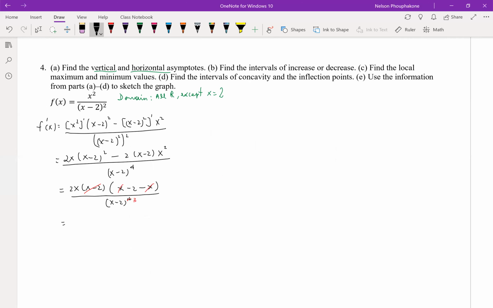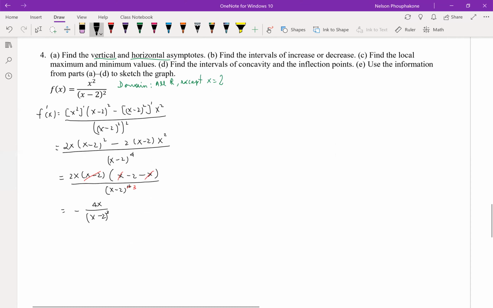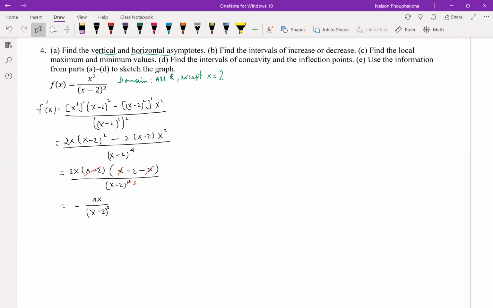Then now I will have negative 4x over x minus 2 to the cube. Okay, then now let's take the second derivative.